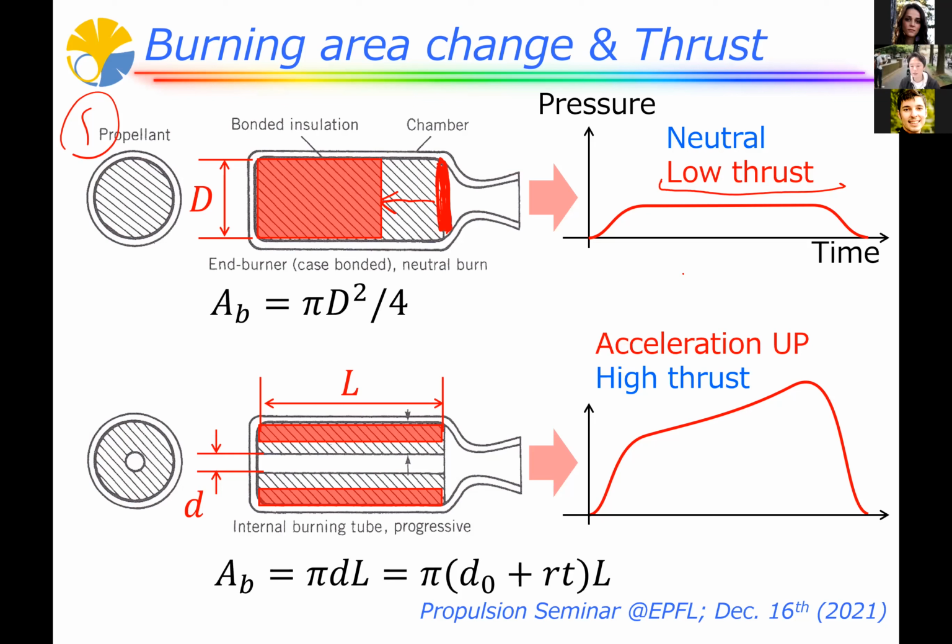And another method is inside combustion, as shown in the bottom here too. So in this case, when combustion proceeds, the combustion surface diameter is increasing, and it means the combustion area is increasing. So this results in this kind of increasing pressure.